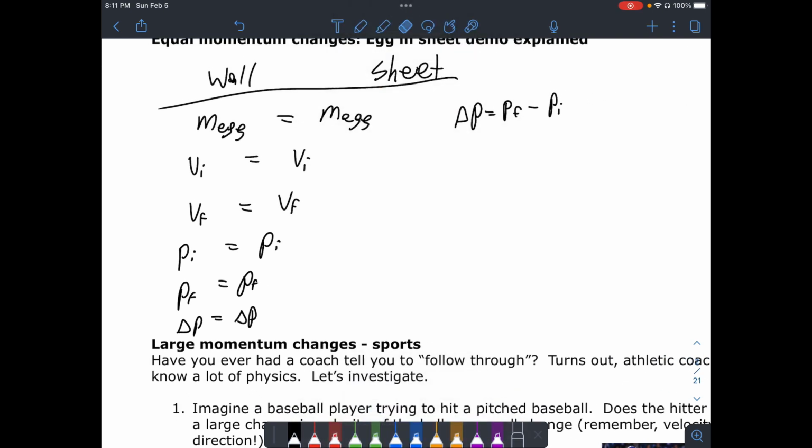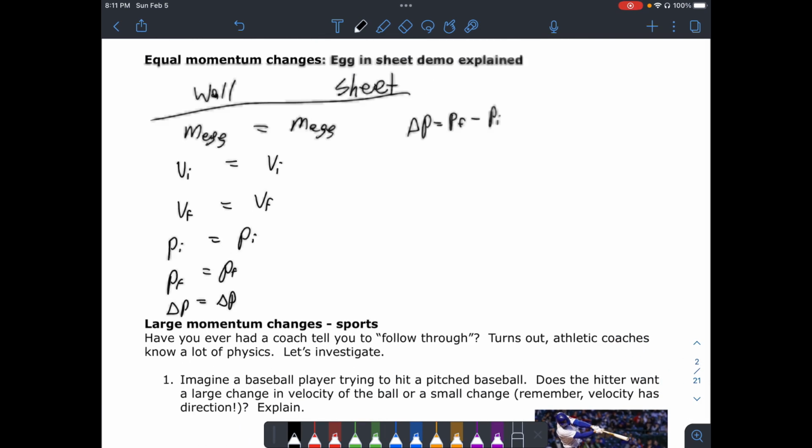Now, this may strike you as a bit confusing because there's such a different result. In one, the egg splatters all over the place, and the other, the egg, upside down egg, should stay nice and intact. So how do we explain this, right?